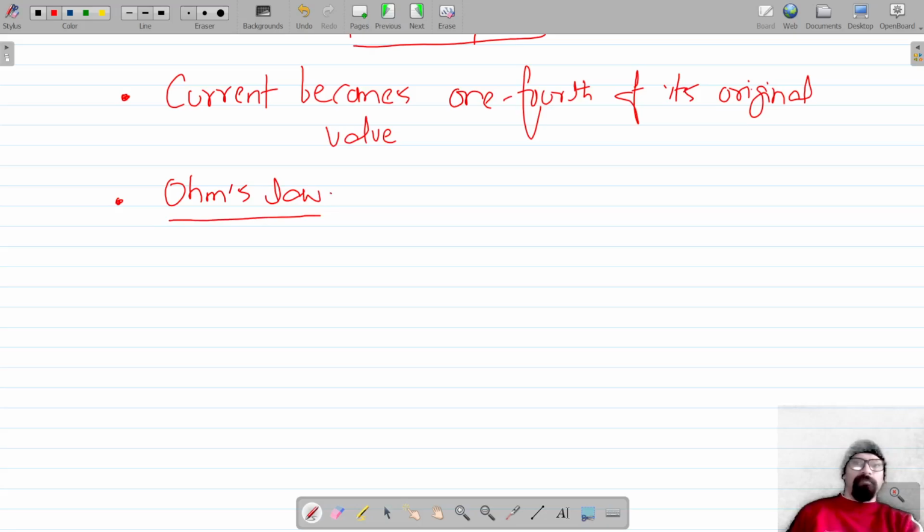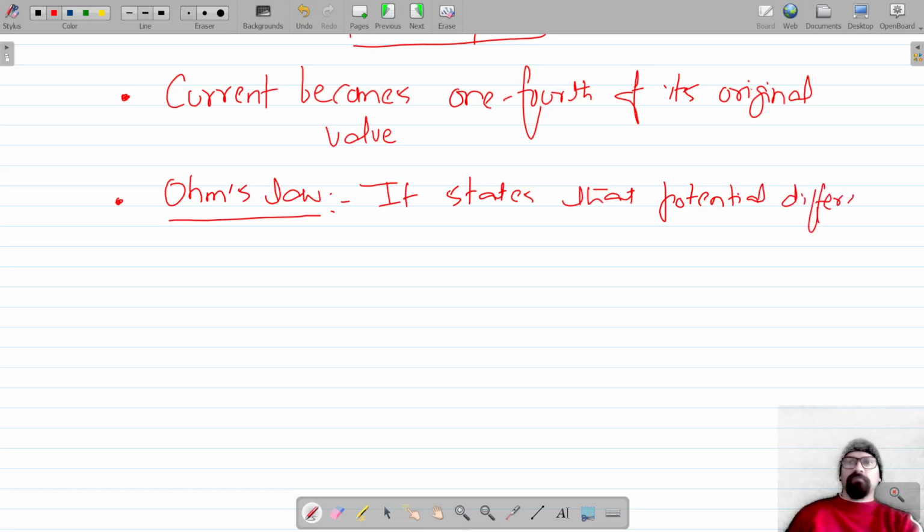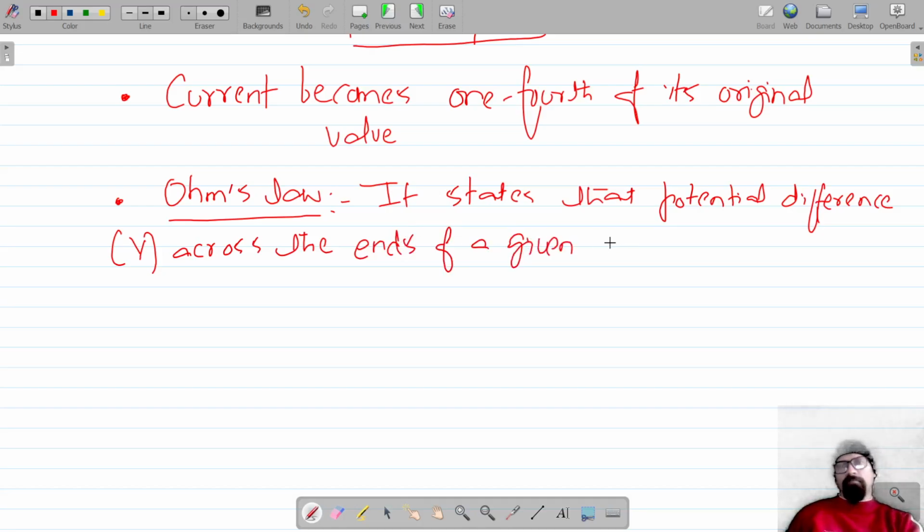So this is Ohm's law, and it states that the potential difference V across the ends of a given metallic conductor or wire is directly proportional to the current flowing through it.